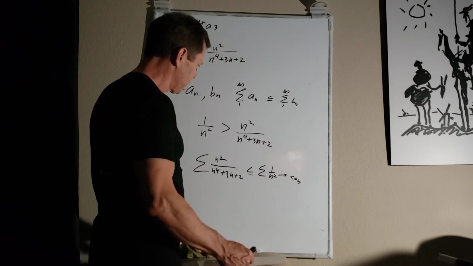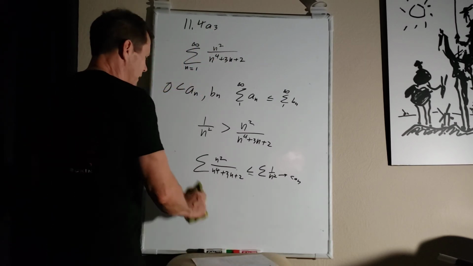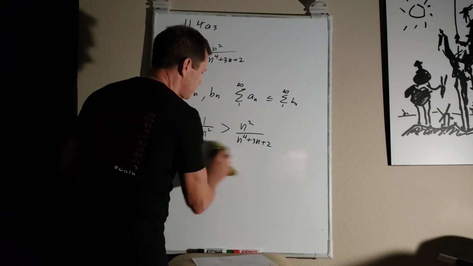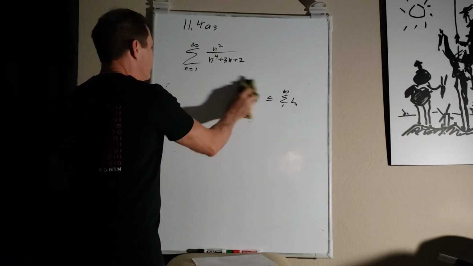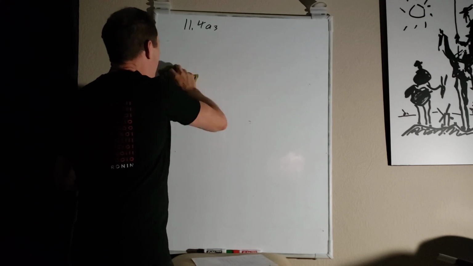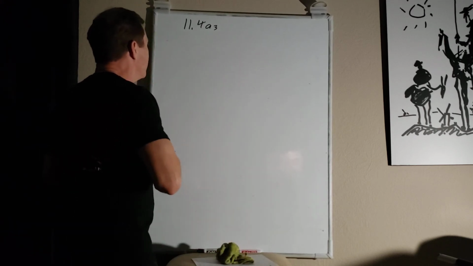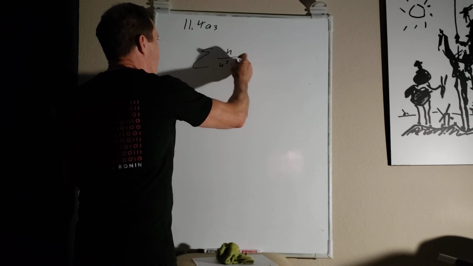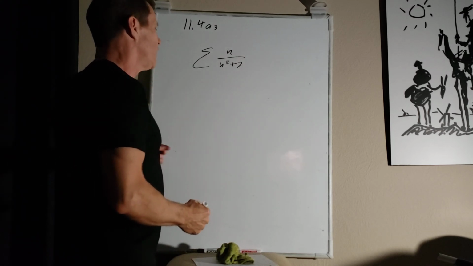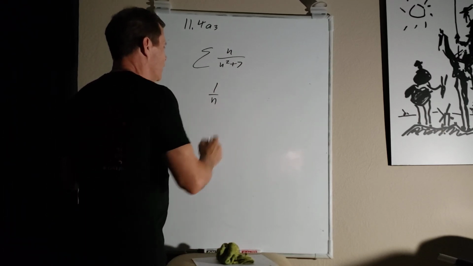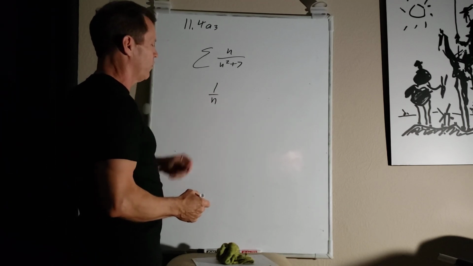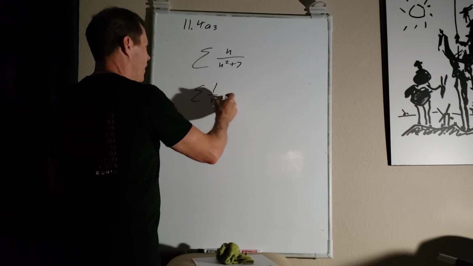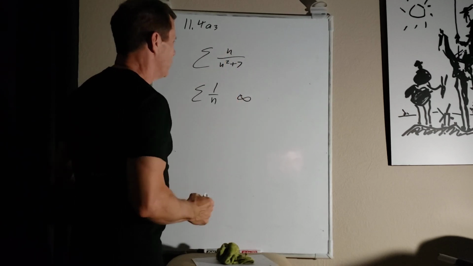What we're going to learn next time, in the next video, is when you've got something like summation n over n squared plus 7. As n gets bigger, that's going to look more and more like 1 over n. You know that summation 1 over n blows up.